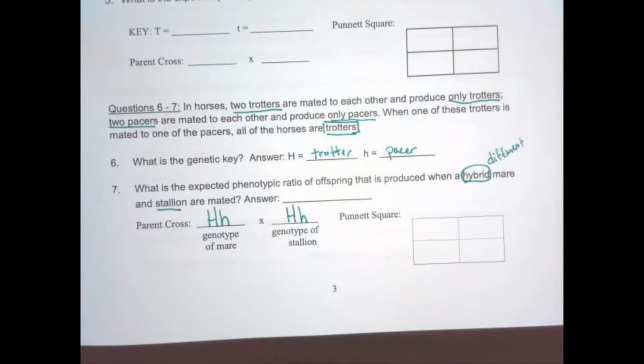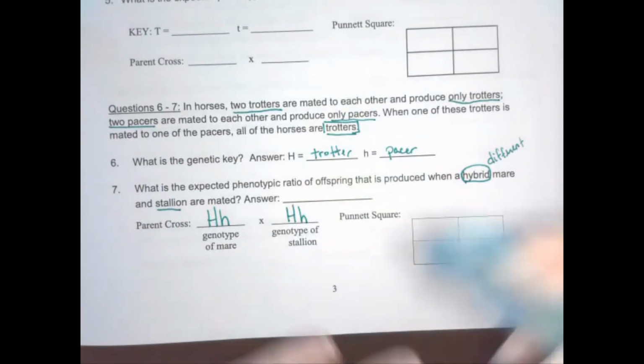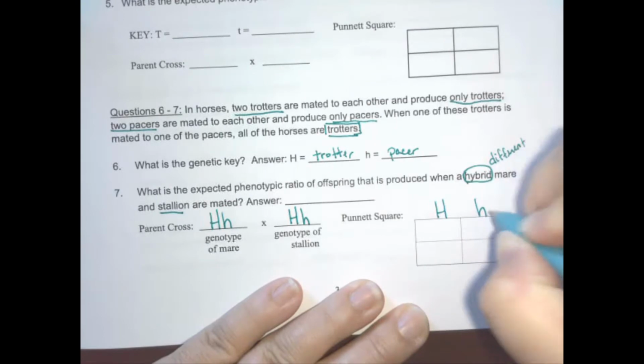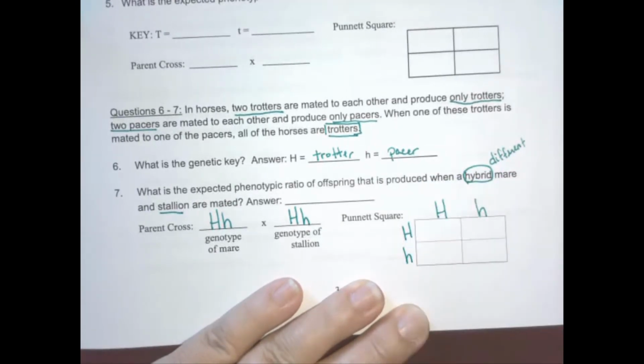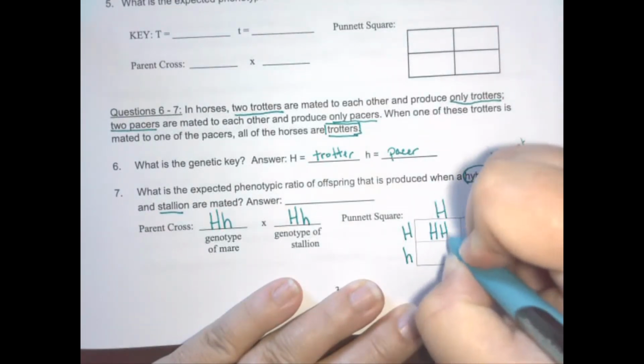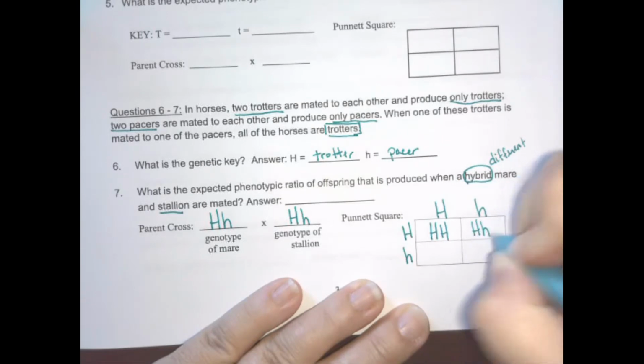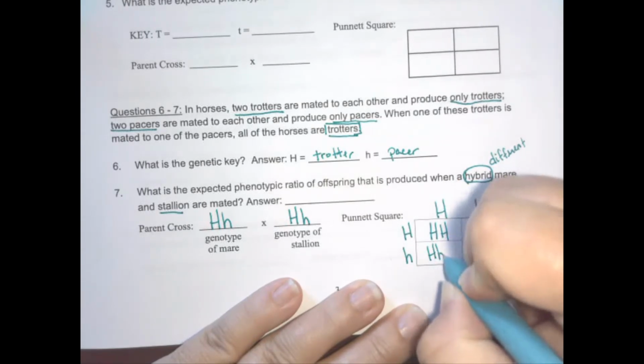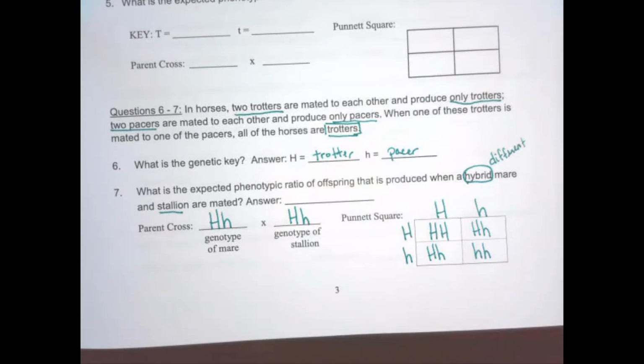So he is also big H, little h. Okay. Now I'm going to take that and set up my Punnett square. So I've got big H in the first box, big H, little h, big H, little h, and 2 little h's.